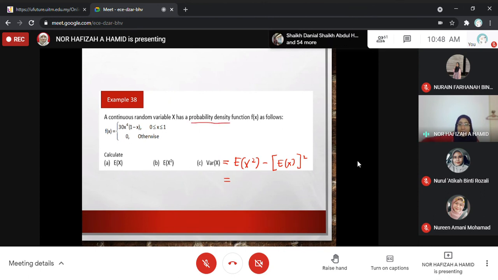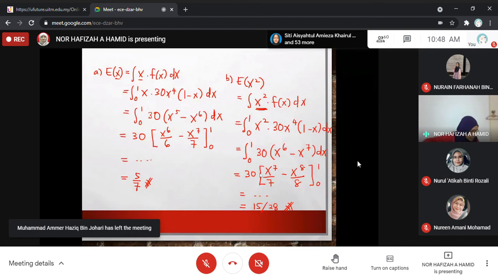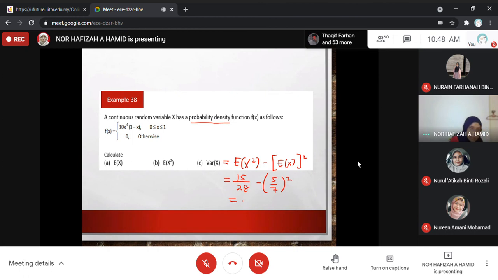So just substitute the E(X squared) we calculated earlier, 15 over 28, minus E(X), which we had earlier as 5 over 7, squared. Then you calculate and it equals 5 over 196. So this refers to the variance. So we have seen examples on how to calculate variance for discrete and also the calculation of variance for continuous random variables.